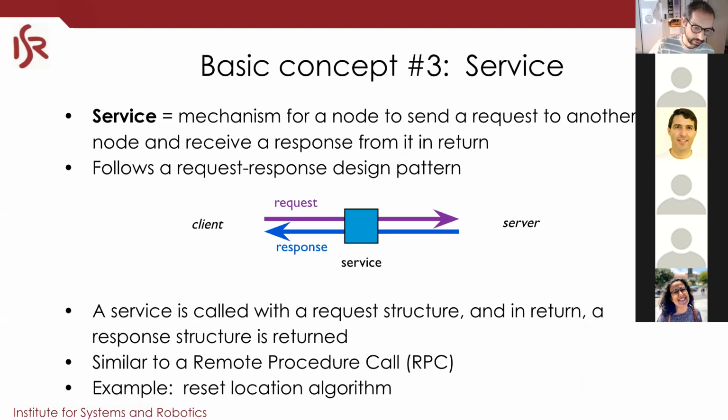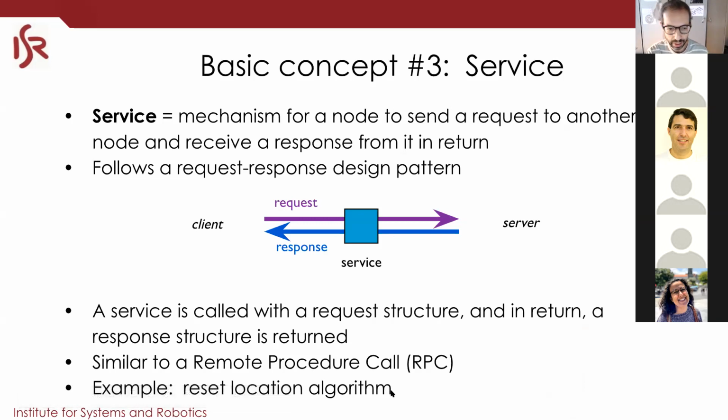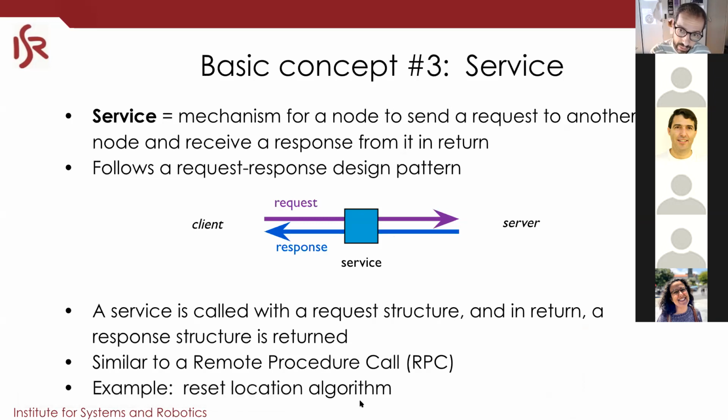Imagine that you have a self-localization system running in a node, and you want to reset it. The robot got lost, so start over from the beginning; let me give you a new location. That operation of resetting the localization algorithm should be done by a service, because you send a request, and then you get some guarantees that that request is executed.